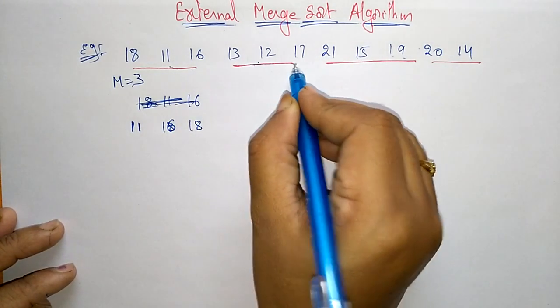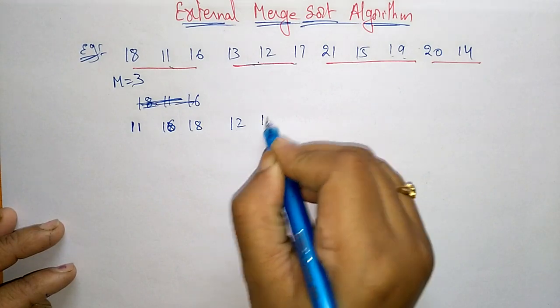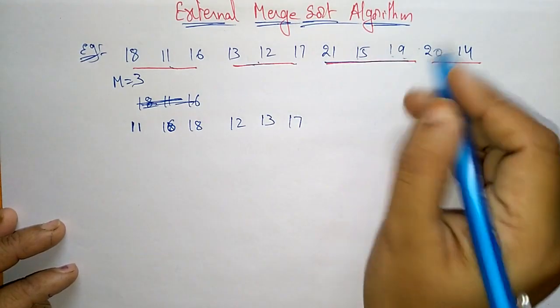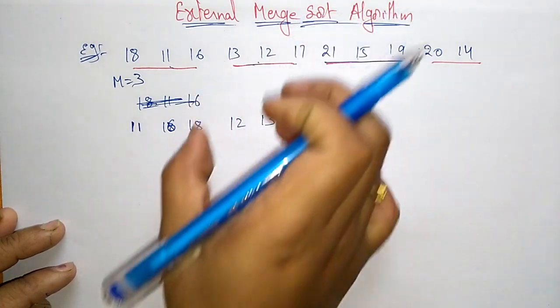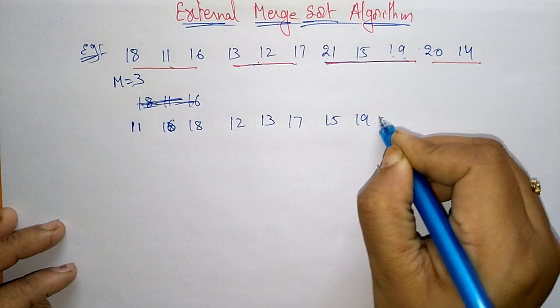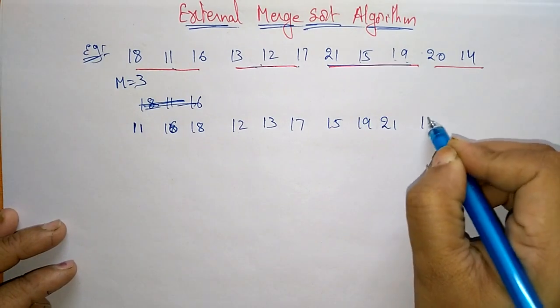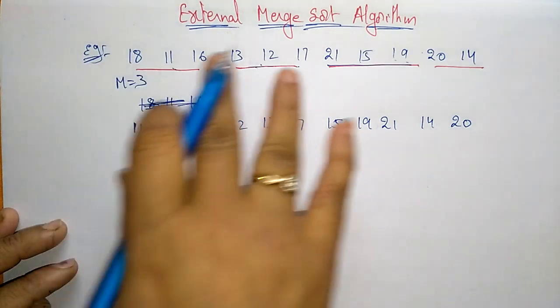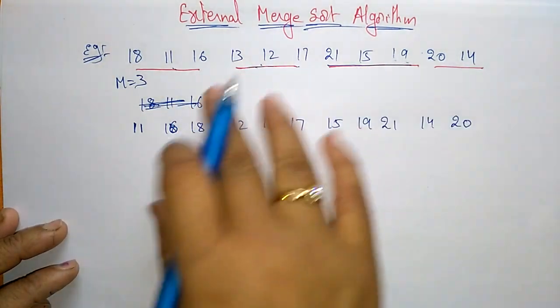Then 12, 13, 17. Sorted order means take the individual file and sort it. Then 15, 19, 21, and 14 and 20. The single files will be sorted.